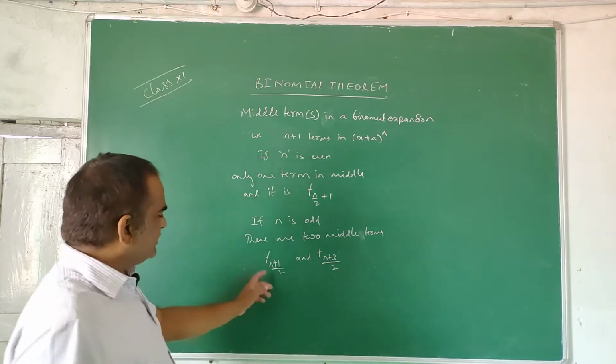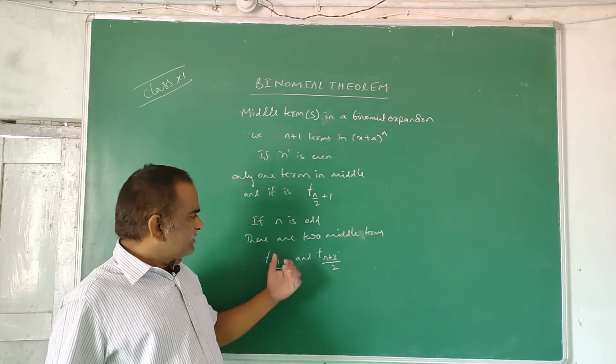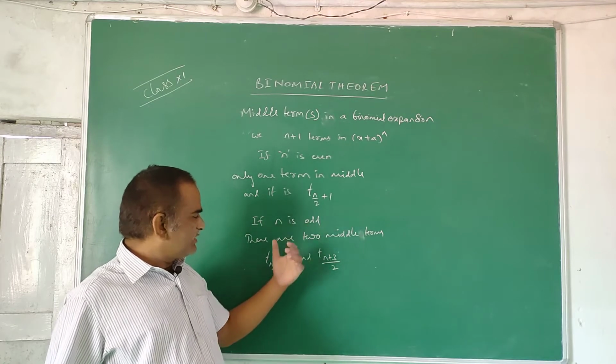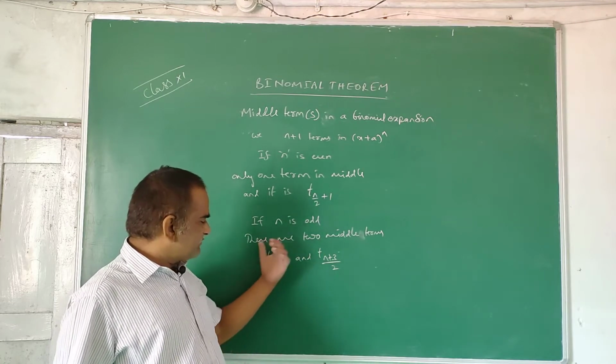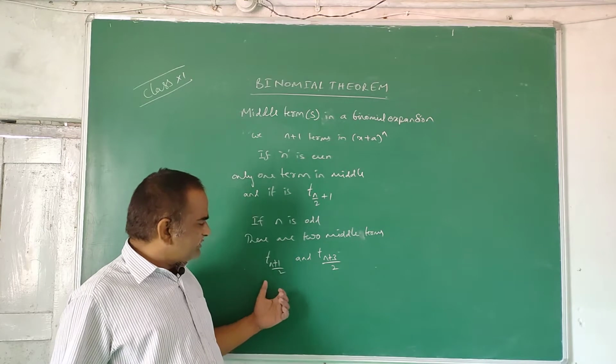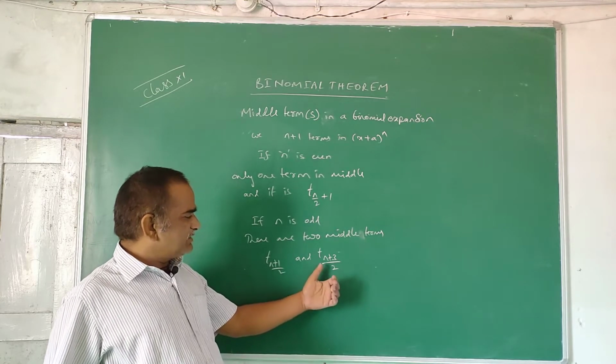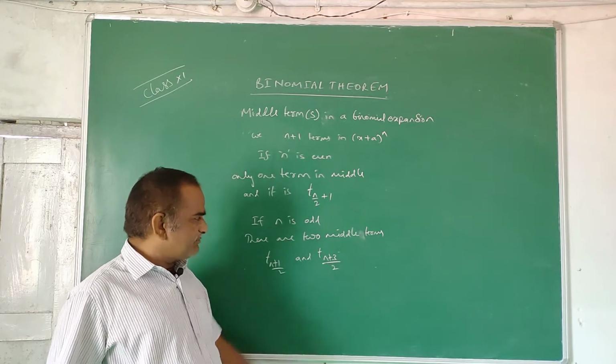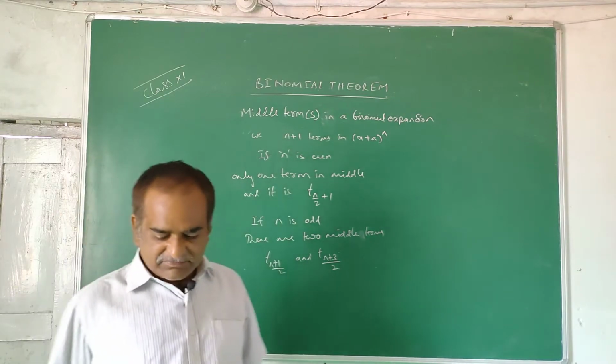These are the two middle terms you get. One is the (n plus 1 by 2)th term, and another is the (n plus 3 by 2)th term. Are you following?